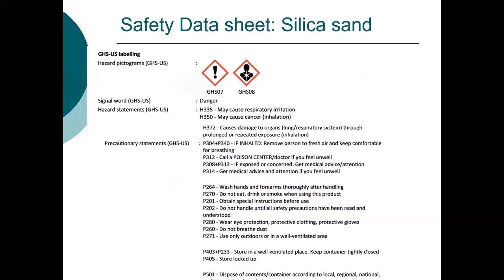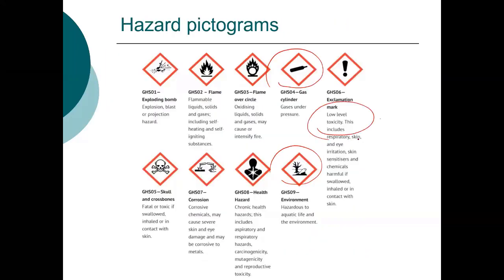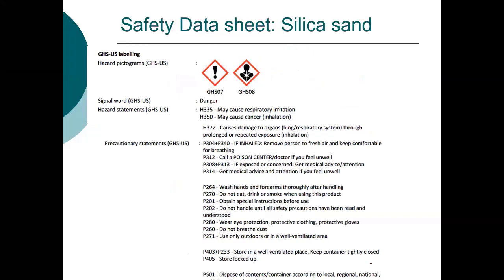Continuing on, this again is the pictogram for silica sand. So notice we've got an exclamation mark. We can go back. Low level toxicity. Typically, where you'll see this is when it's an irritant. So it's a respiratory irritant. You can see that right here.